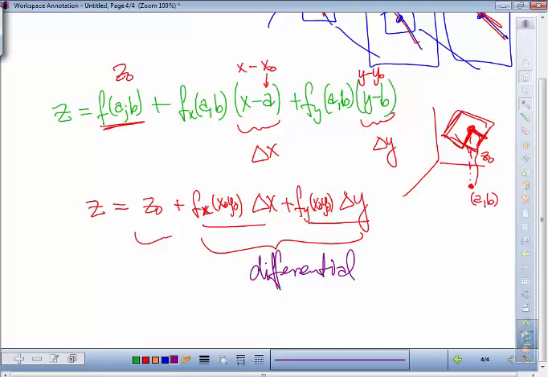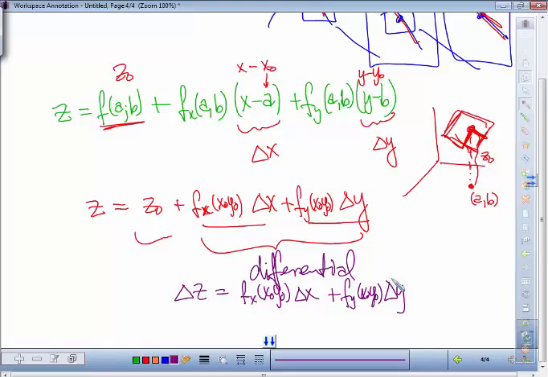So I'll write two different equations here, but the last one is going to be the one that they're going to use. If we're just concerned about the change in z, then you're just concerned about this second part, which is fx at x naught, y naught, delta x, plus fy at x naught, y naught, delta y.